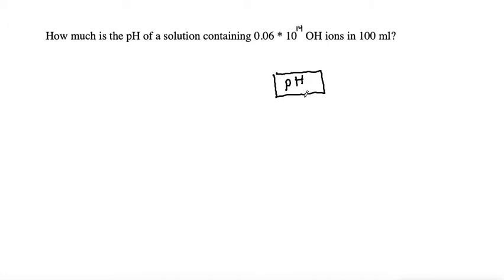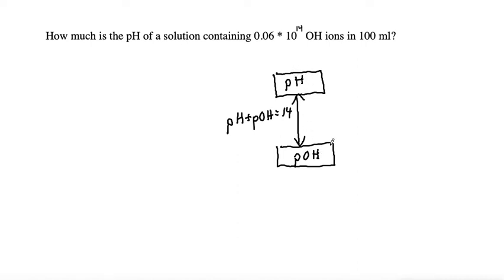that if we start out with pH, we can get between pH and pOH. The relationship between pH and pOH is that pH plus pOH is equal to 14. So if we know pOH, we can get to pH, and vice versa.